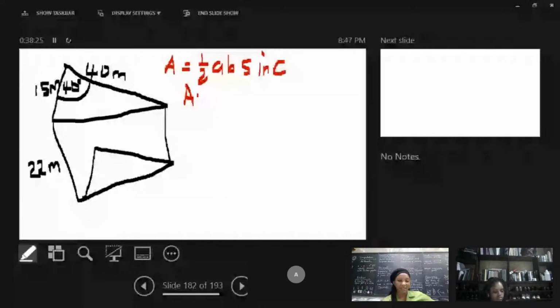Okay. So a half times 15 meters times, no, not 22, this time the 40 meters, times the sine of 40 degrees.